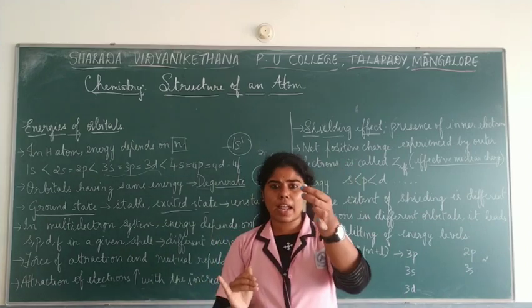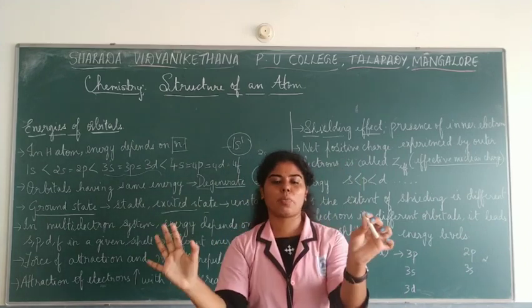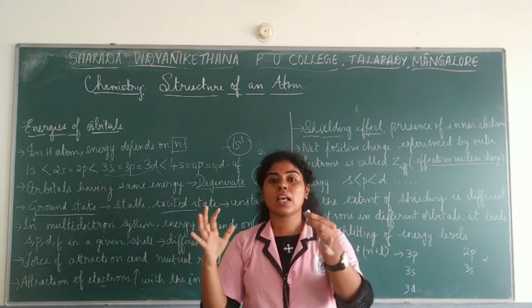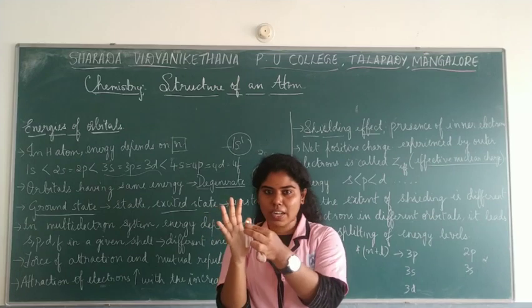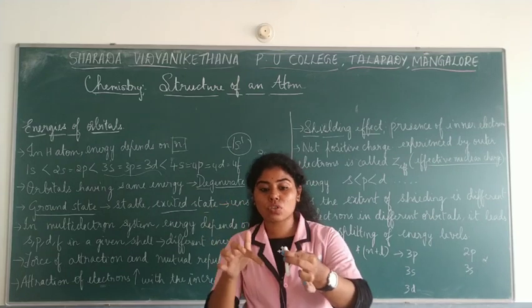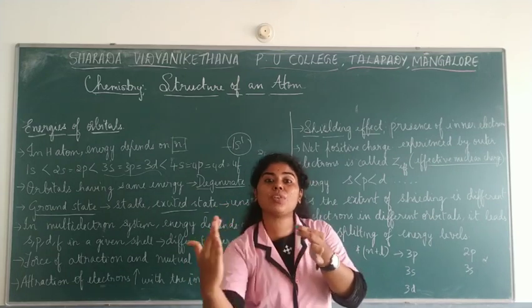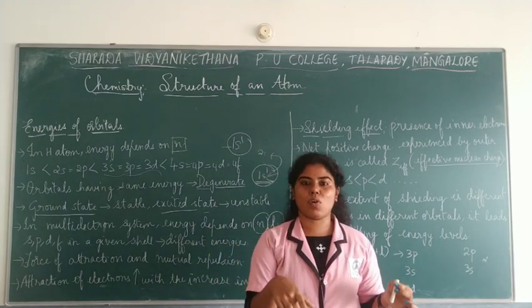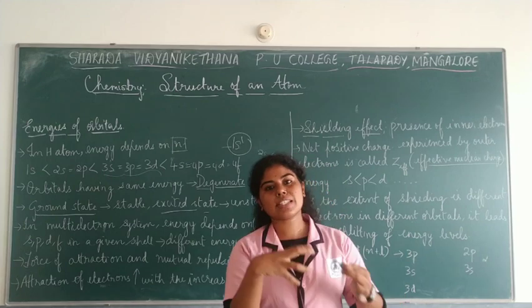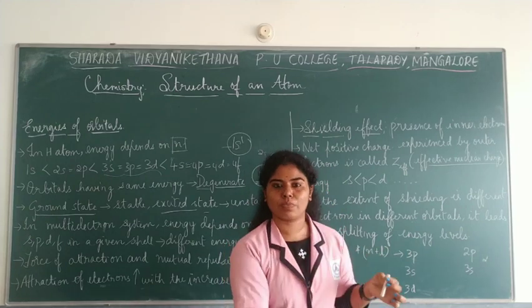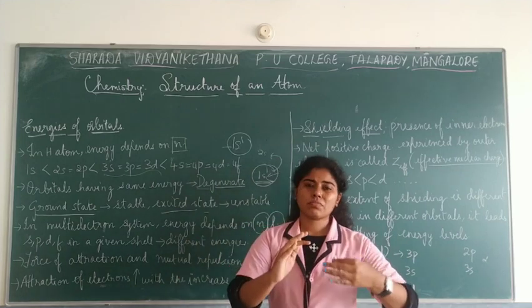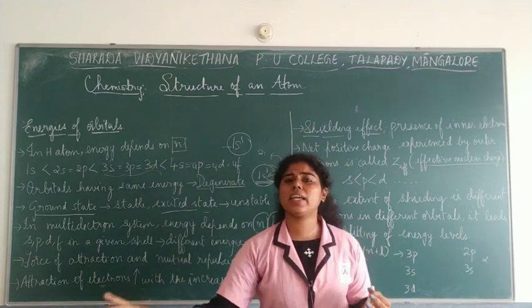If there is only one electron, it is attracted to the nucleus, no problem. But if many electrons are present, they have a force of attraction towards the nucleus and also a force of repulsion between these electrons. The electrons are present in different shells and there is repulsion too. But when you are talking about stability, the mutual repulsion is actually cancelled out.